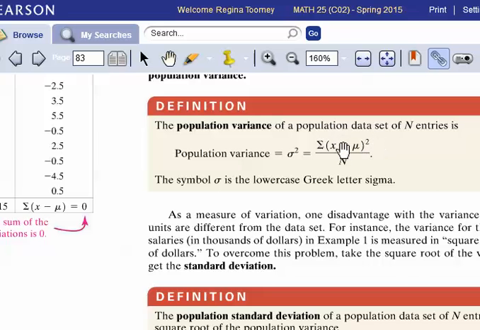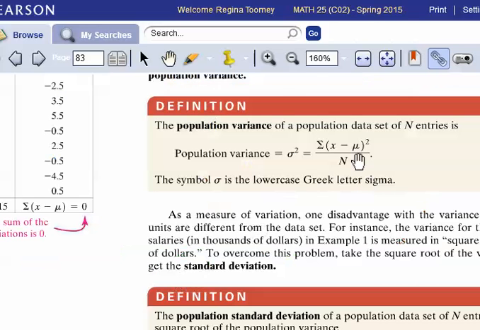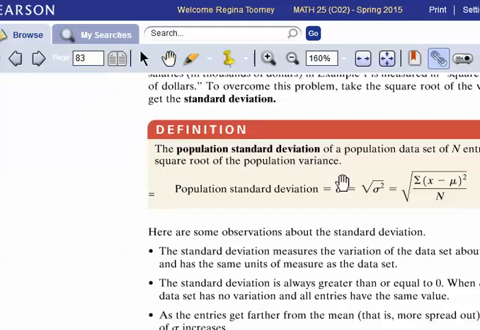So even if there was a negative deviation, like the difference between -25 degrees and whatever our middle is, let's say our middle is, I don't know, -17 degrees, even though that might be a negative distance because we're going this way, it's going to be squared and it's going to make it a positive number. Then you're going to add up all those positive numbers. Then you're going to divide by a number, which is positive because it's just the count of how many numbers were in the set. And then if you want to find the standard deviation, you're just going to square root that thing, so it's still going to be positive.